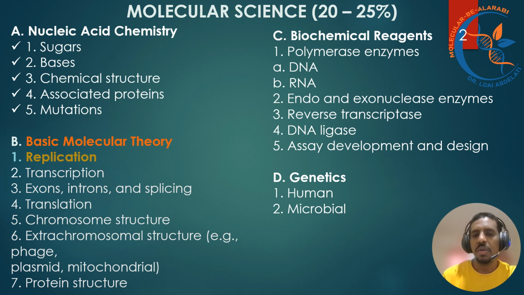We then moved on to the basic molecular theory section, beginning with the replication process. In lectures 3 and 4, we covered DNA replication in eukaryotes. Now we'll focus on the replication process in prokaryotes.